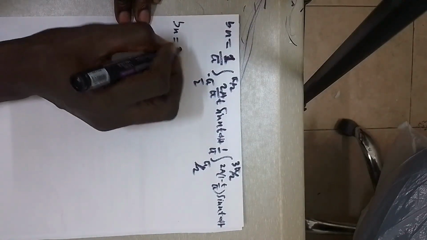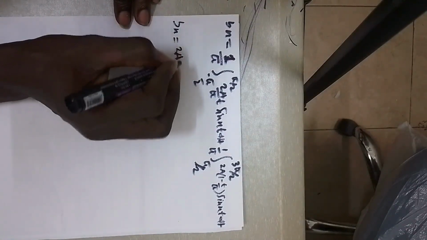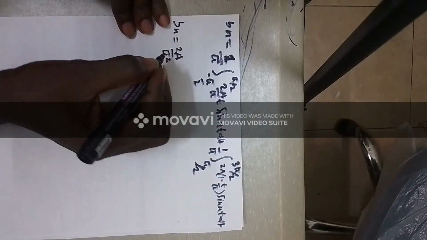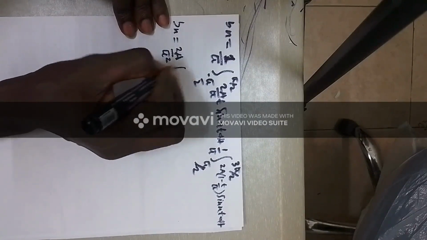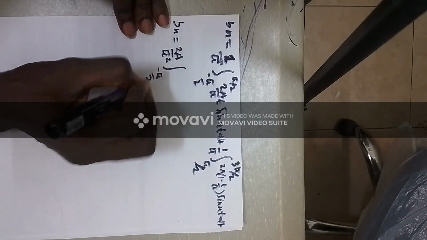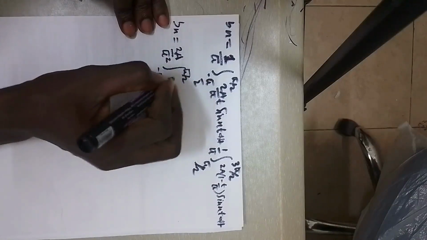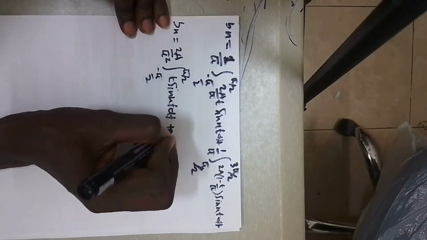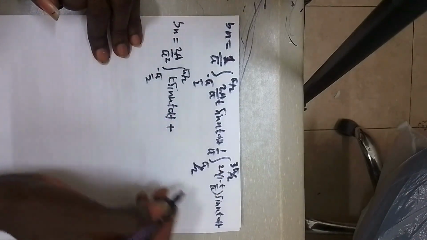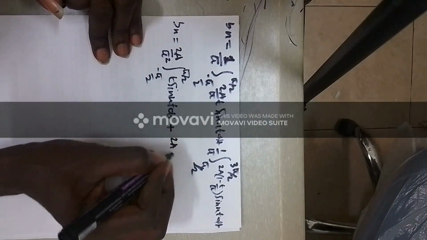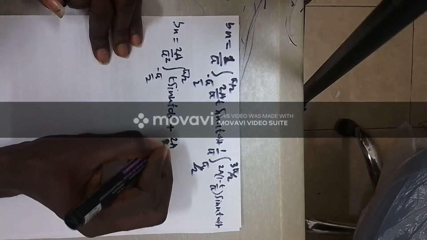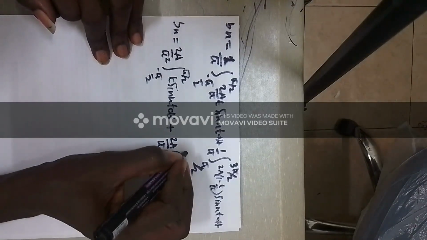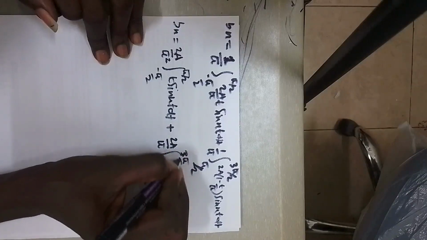In that case, I'll have 2a over pi squared, into the integral from minus pi on 2 to pi on 2 of t sine nt dt, plus here I can bring the same 2a out, over pi, then I'll have the integral from pi on 2 to 3 pi on 2.